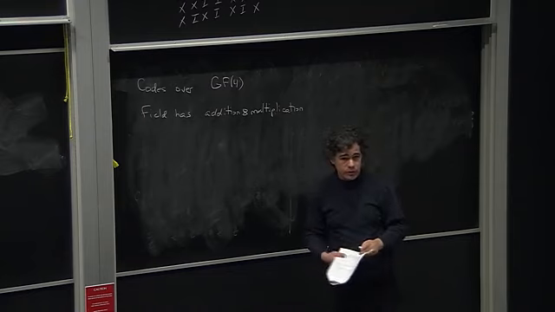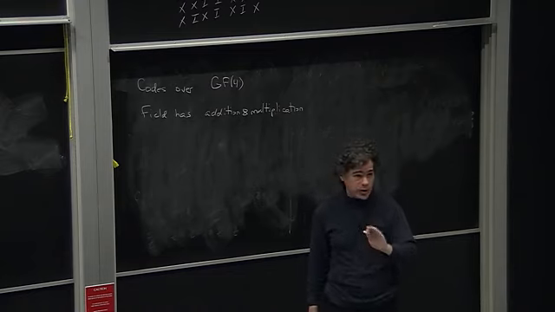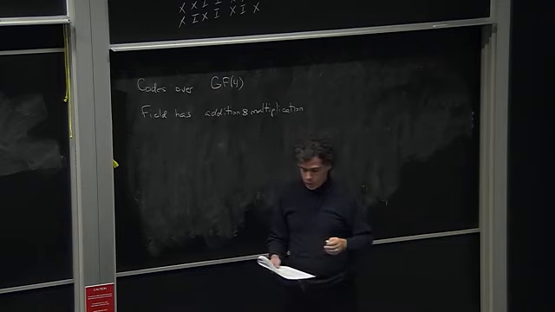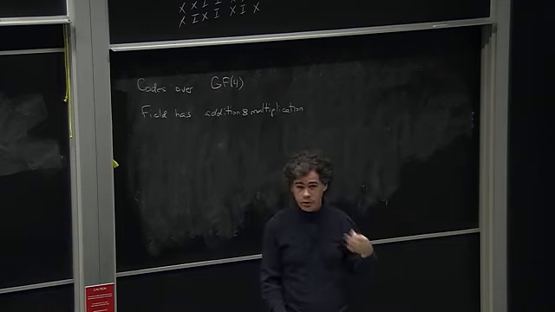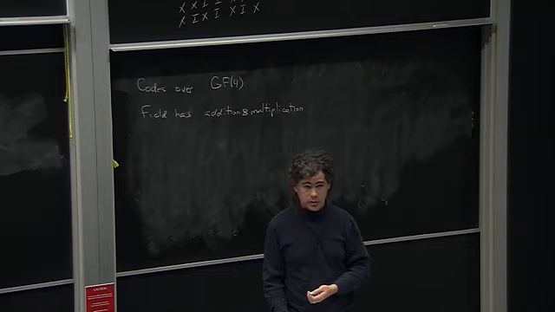A finite field is a field that only has a finite number of elements. All the examples I gave you had an infinite number of elements. The easiest finite fields are the prime fields. So Z2, the binary numbers, which we've been dealing with a lot, is a field as well, because with 0 and 1, you can add and multiply them and you get 0 and 1 again. 1 plus 1 is 0, of course.